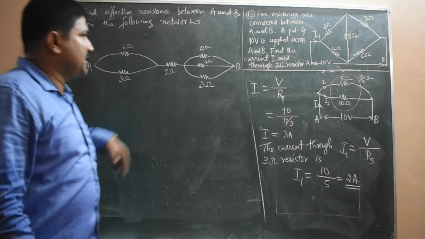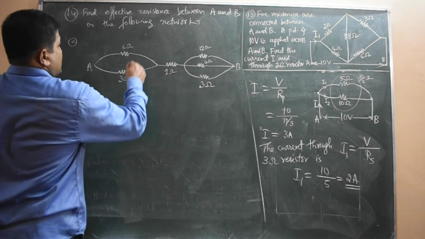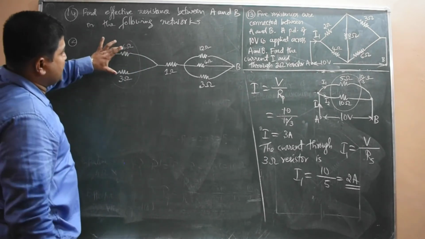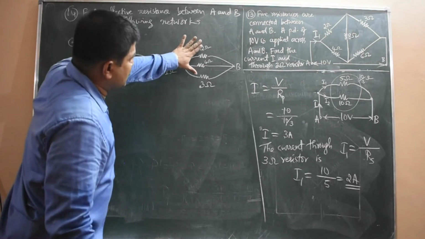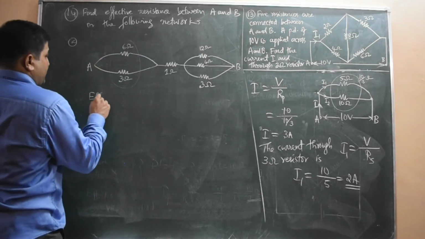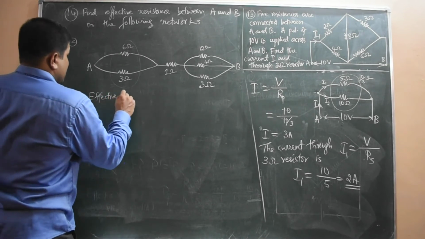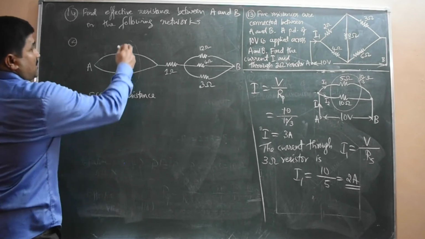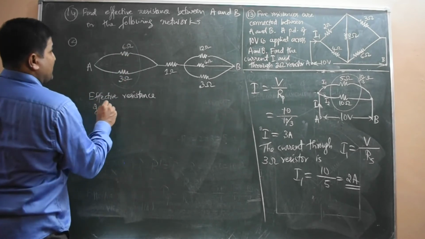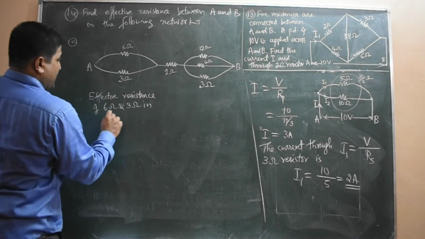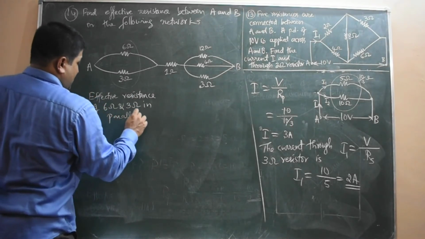So there is a circuit between A and B. I have to find out the effective resistance. In such problems, whenever asked to find effective resistance, here I can see 2 parallel resistors. Here also 3 resistors are in parallel. So what I have to do? I have to write effective resistance of 6 ohm and 3 ohm in parallel combination.